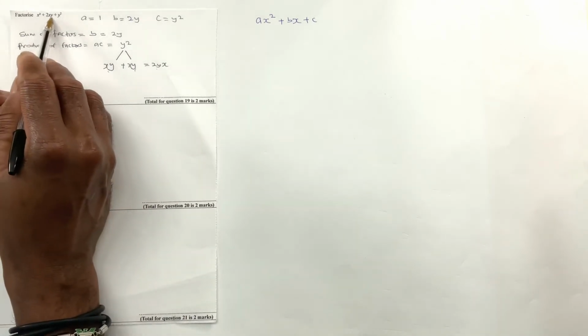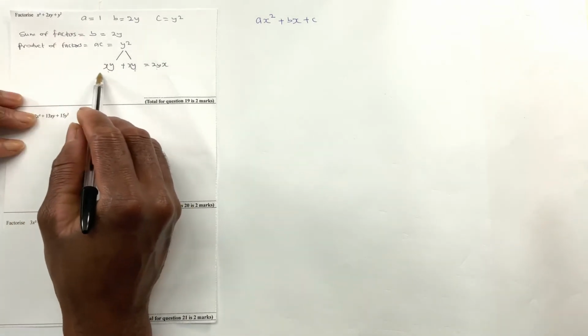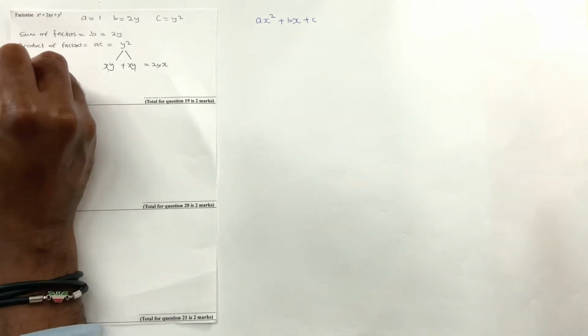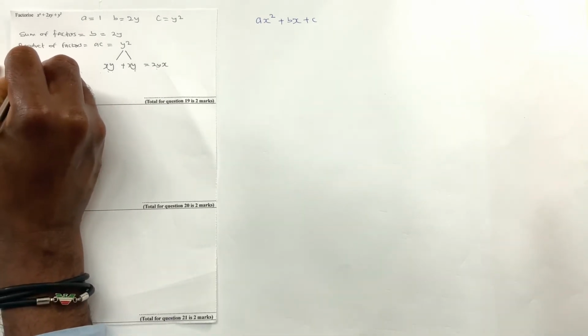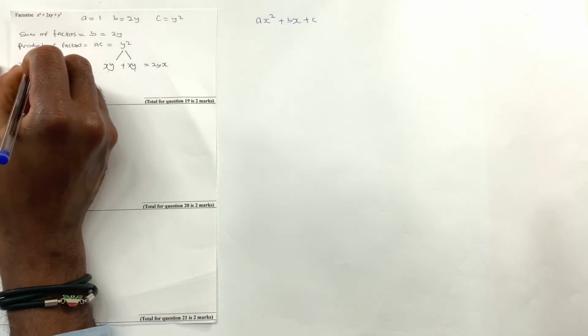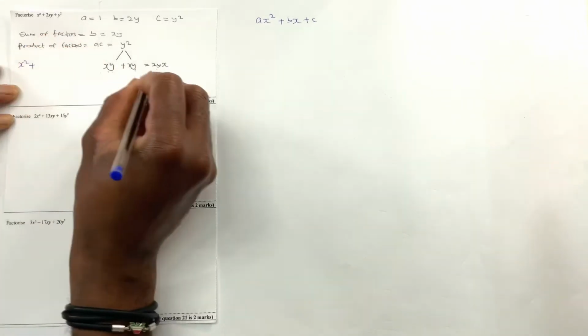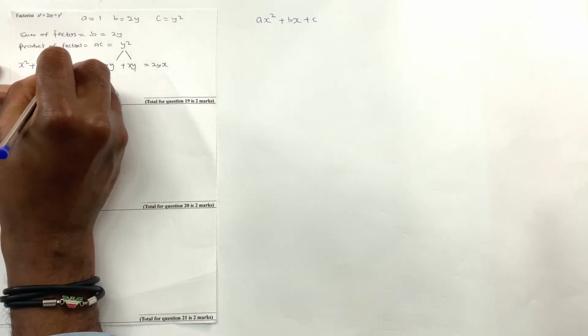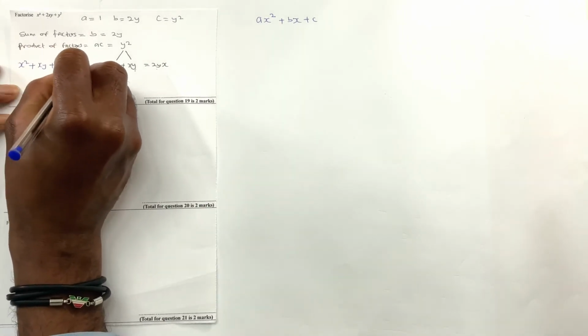I'm going to replace 2xy with xy plus xy. So then I go x squared plus xy plus xy plus y squared.